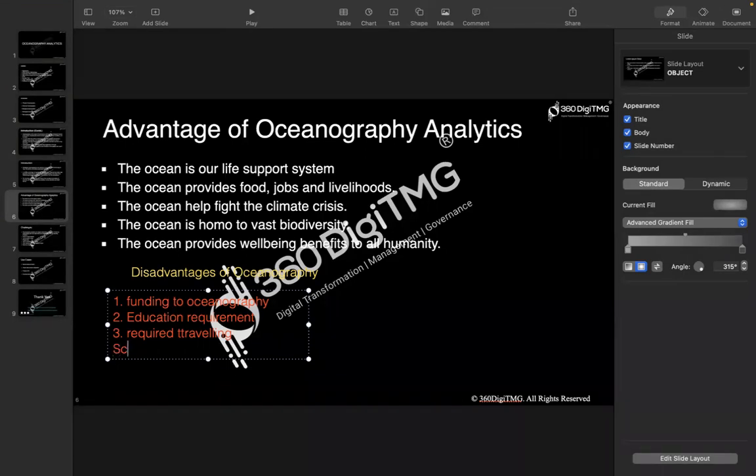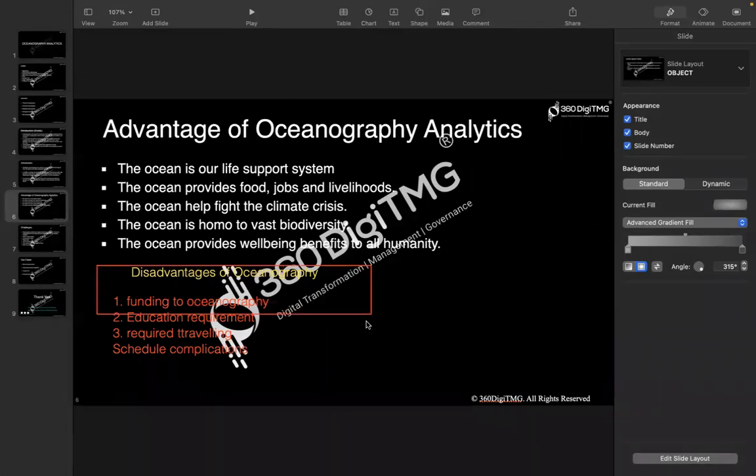Then another is schedule complications. So these were the disadvantages of oceanography.